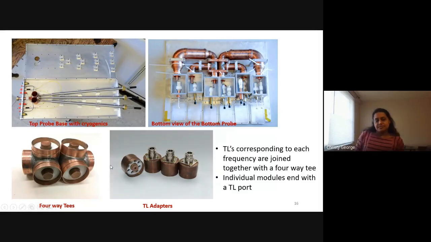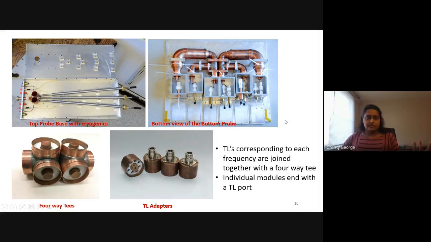Now, by this modular design, we have access to the different positions in the probe, but how do we still connect it to an external measurement device like a network analyzer? Usually these external measurement devices, like a network analyzer or a scope, are equipped with connectors that are either N-type or BNC-type.